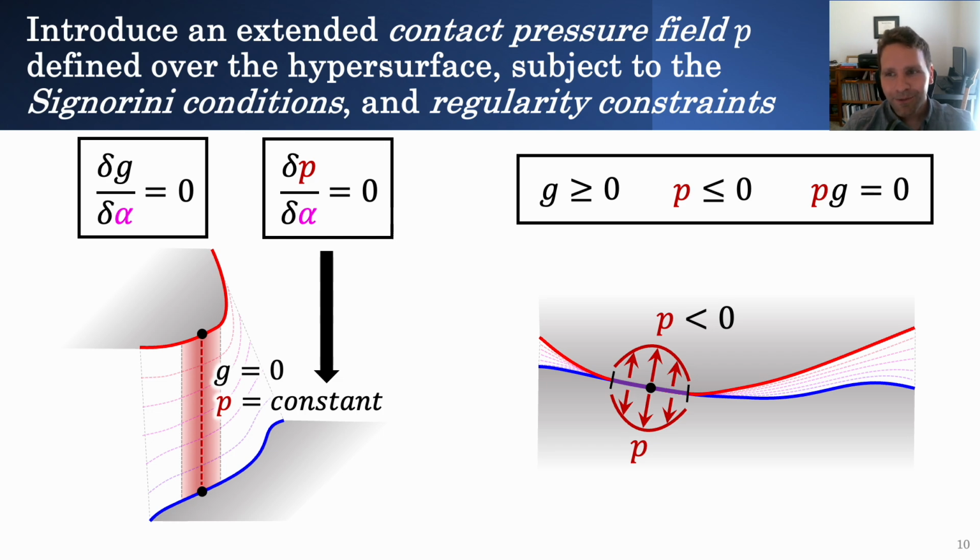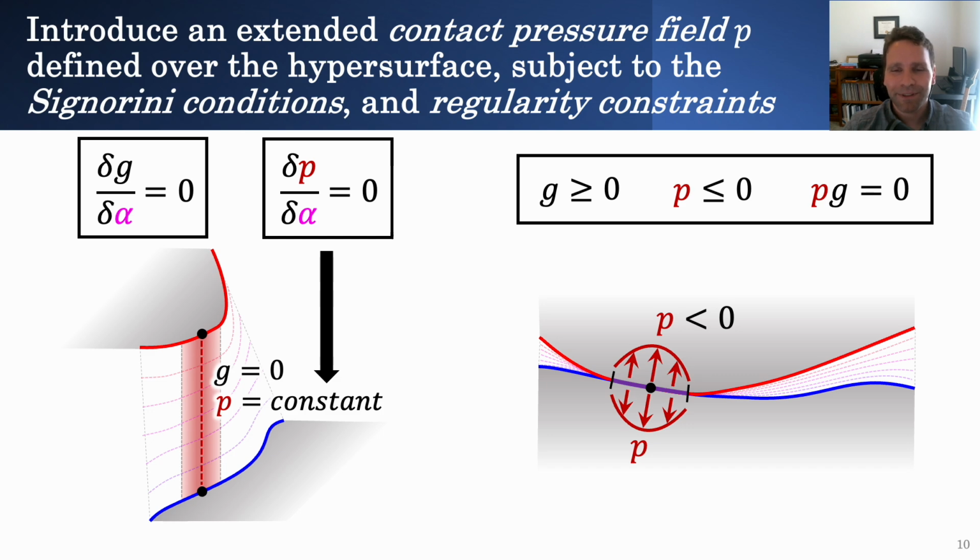However, we can't just define that contact pressure on one surface or the other of these two surfaces in contact. We actually have to extend its definition such that it exists everywhere within this hyperdimensional interface. So it's defined continuously over that whole intermediate domain, but we have to also supplement with another condition to ensure that that pressure field is well defined over that intermediate domain.